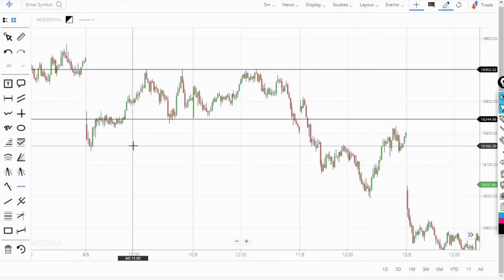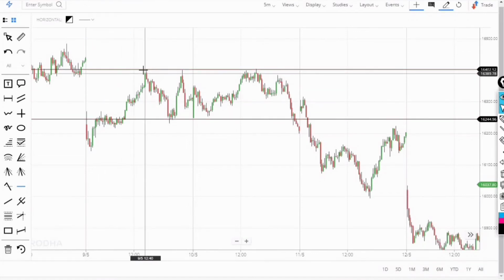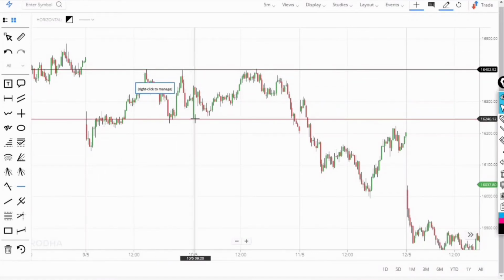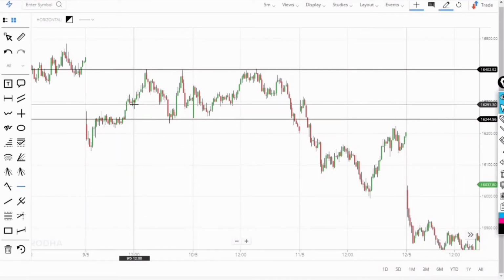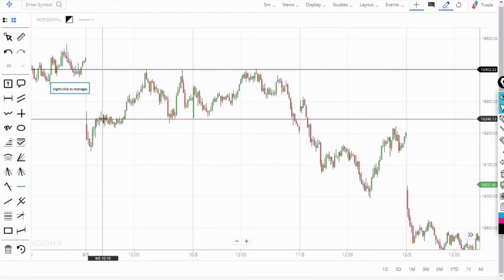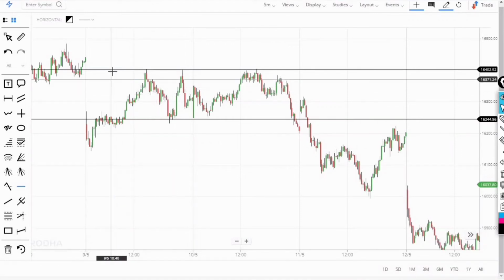So here you can see price has moved from support to resistance, and again from resistance to support. In between we can also take entry, but that is not at this earlier stage. We will learn that in upcoming videos. Right now we will focus only on the support and resistance drawing or identifying mechanism.